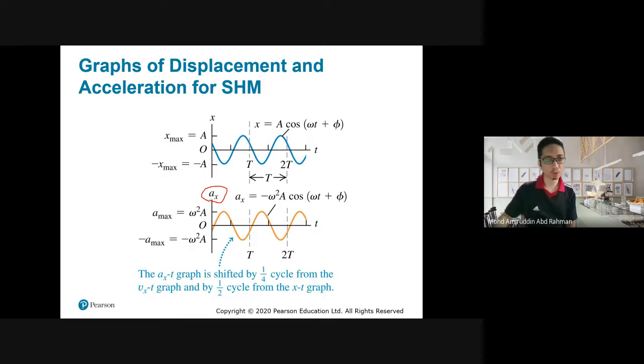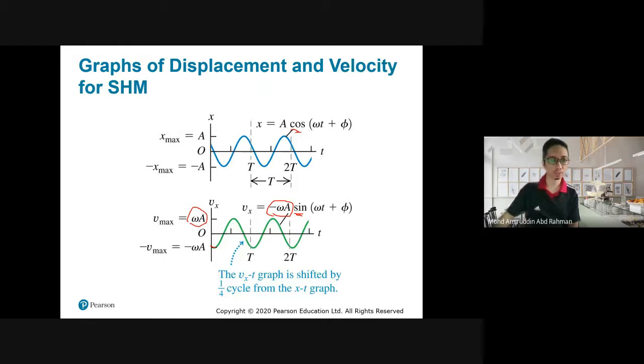The difference is the equation of that: we have minus omega squared times amplitude, and the others are still similar.